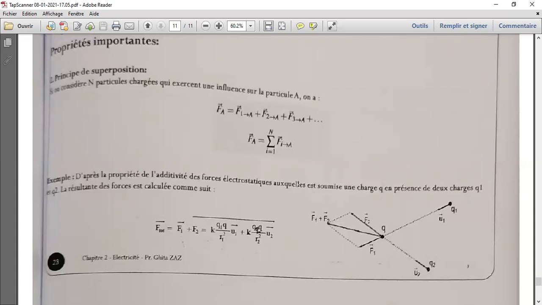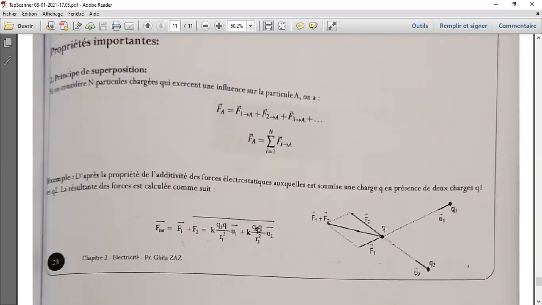For you to calculate the force total, you have to calculate the force of each particle which is caused on the particle which you are studying, which is Q here, and you add them.